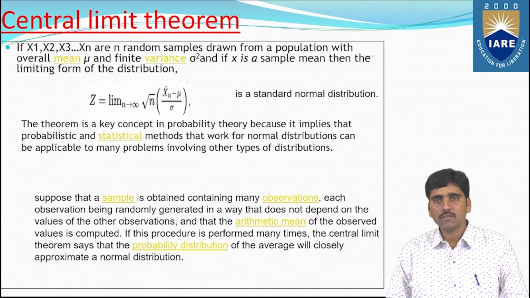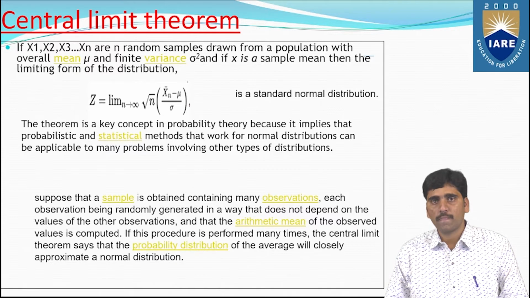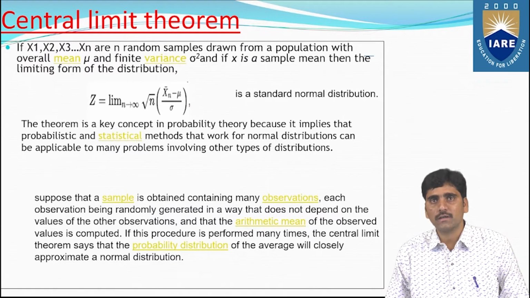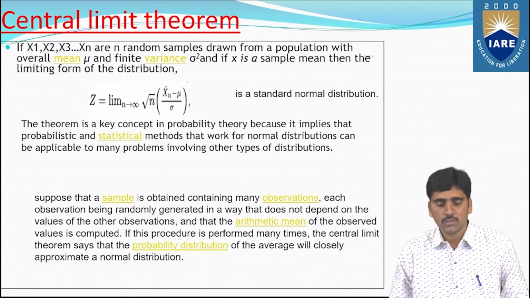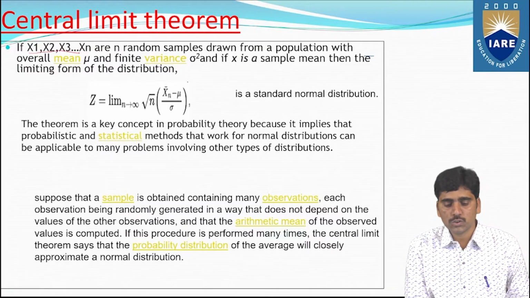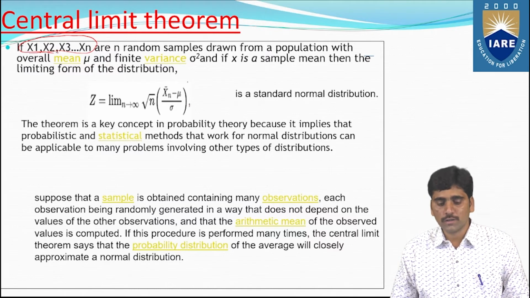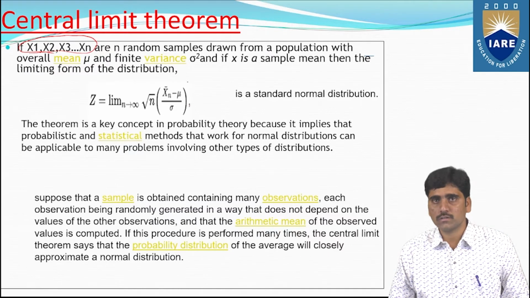See, the central limit theorem. The name itself contains the random process, the random variables. So here x1, x2, x3 up to xn are random variables or random samples.